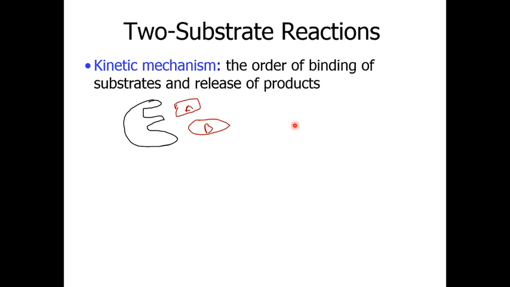And why do we care, and why do we have to know that? It is important for us to know because the way the enzyme recognizes one of the substrates can dictate how this enzyme functions. There are many different enzymes that perform two-substrate reactions, and the mechanism of recognition of substrates by these enzymes is different in different cases.